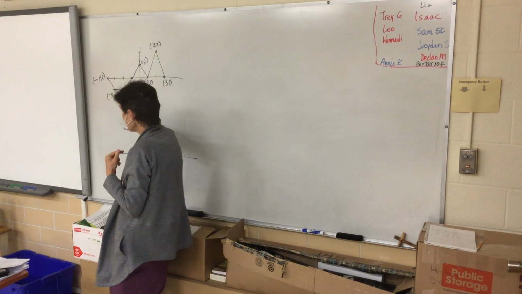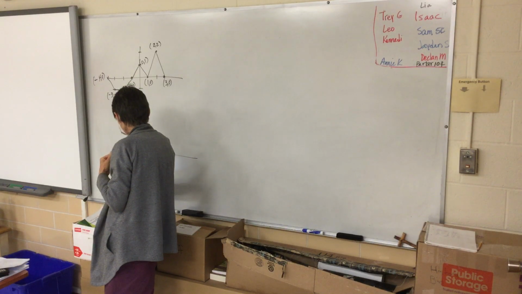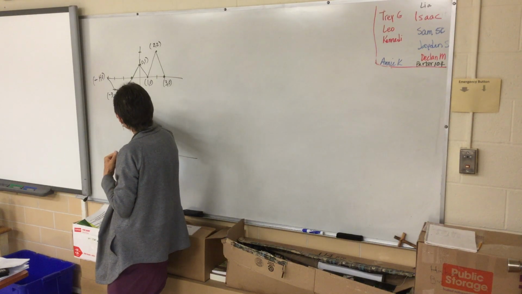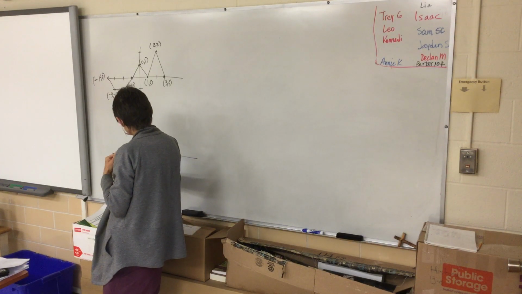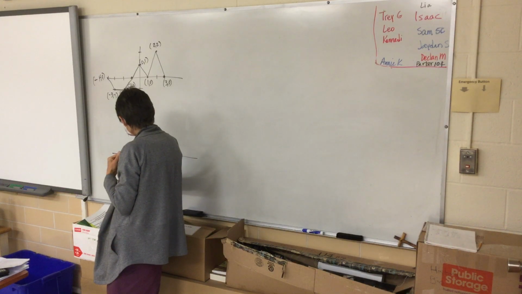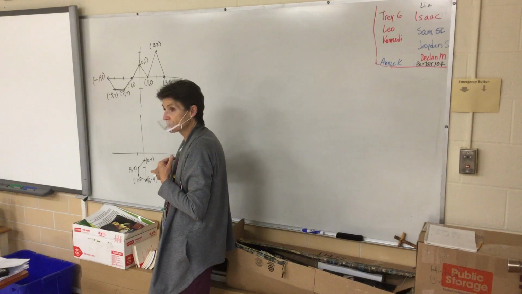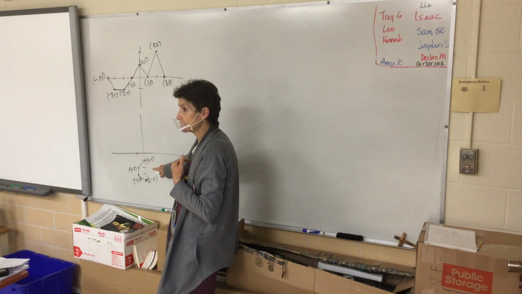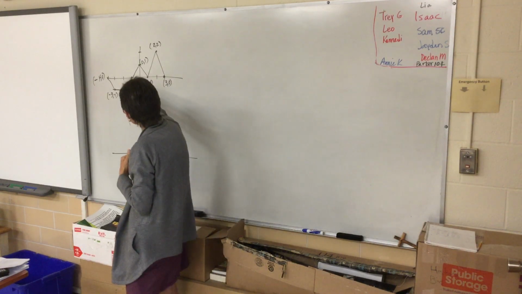And then I'll plot -1, -2. And 0, -1. So far, if I connect what I plotted, I have that little shape right there. Alright, I got to here.